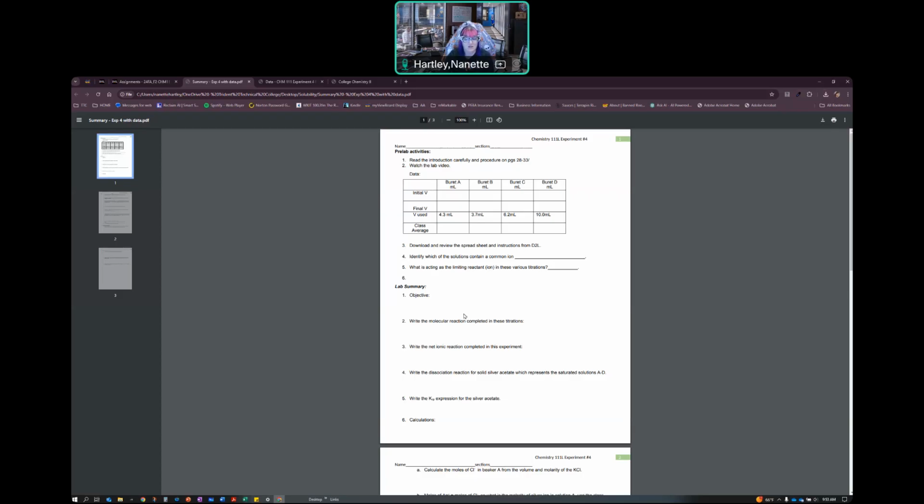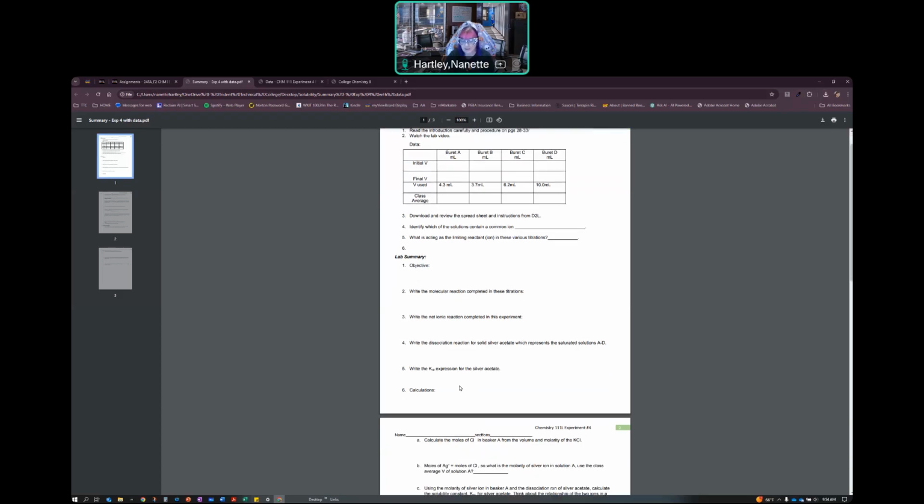So the objective, and your molecular reactions: what were the reactions that you did with the 3 titrations, based on what you read in the lab? The dissociation reaction for the solid silver acetate, which was looked at in solutions A through D. The KSP expression for the silver acetate.